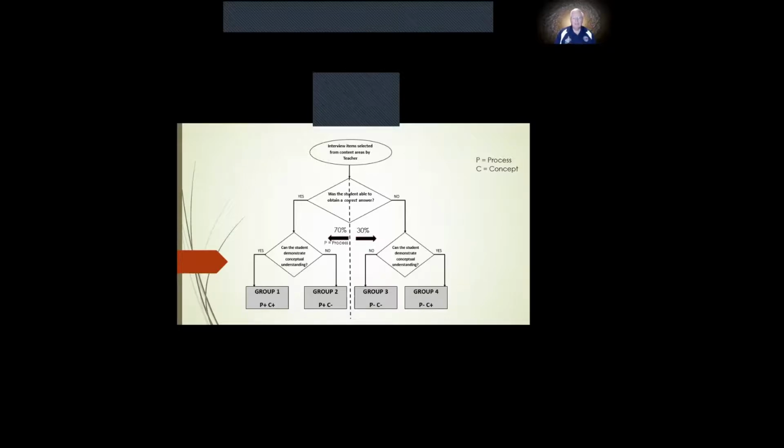That means then that 30% of our students are not able to get a correct answer. So of the 100%, in a classroom or a district or a school that are being evaluated, typically the first pass will give you 70% that are getting correct answers, 30% that are not getting correct answers.